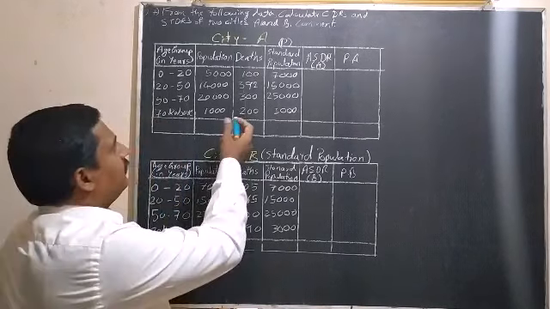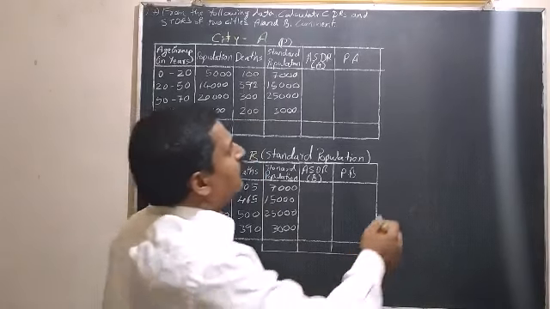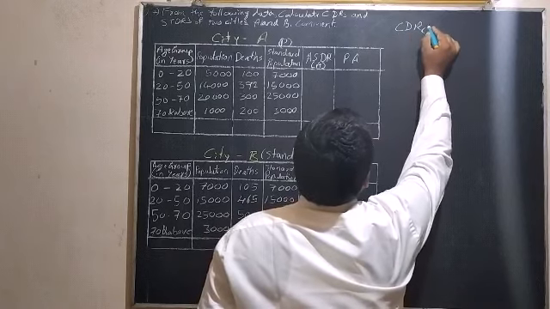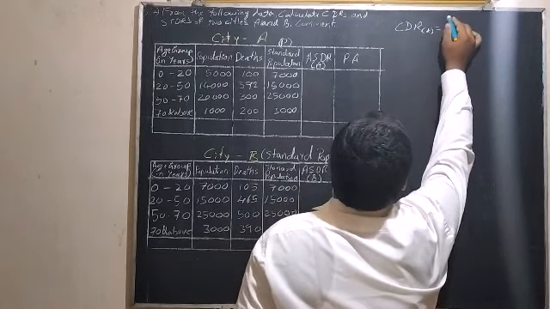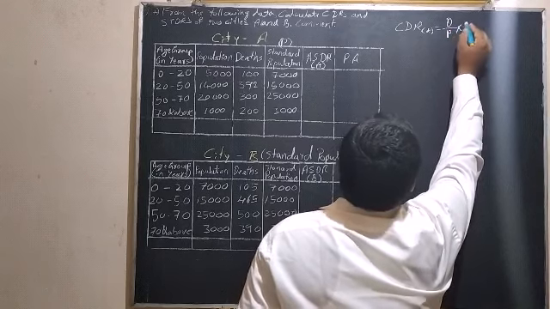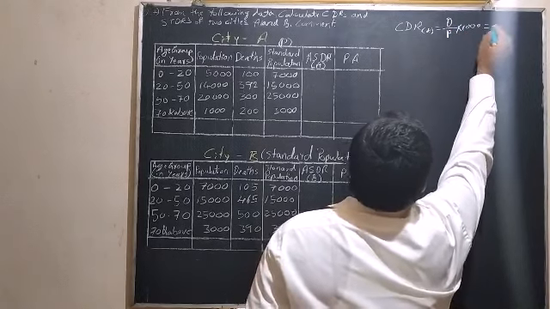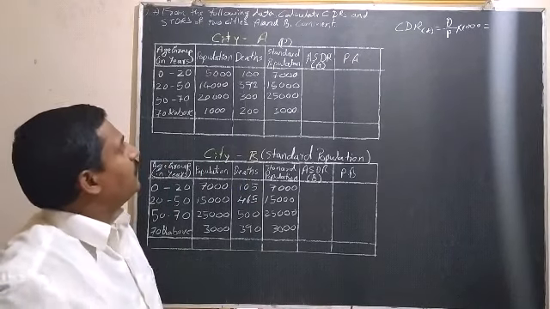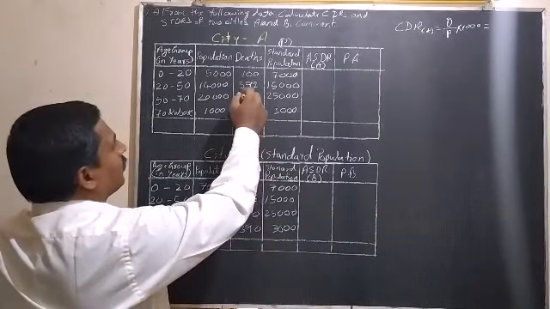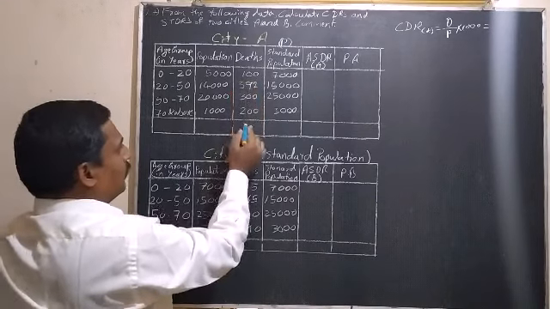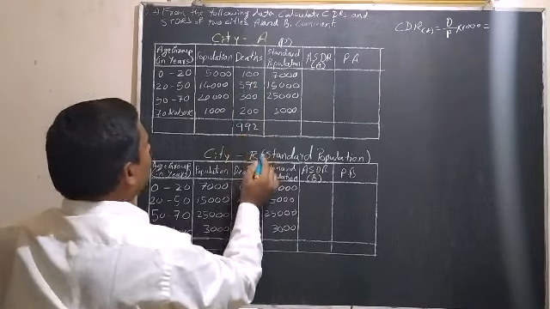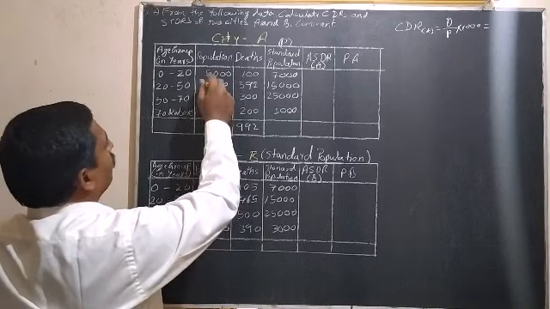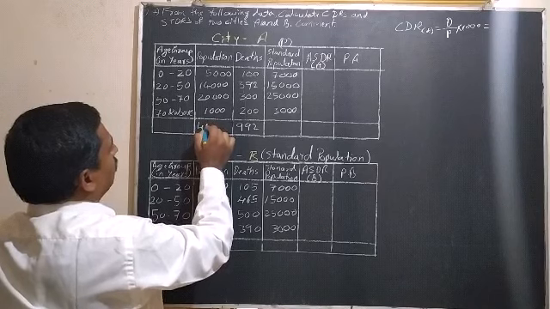Okay, so first we'll calculate for city A. First they asked CDR. So CDR for city A is equal to deaths divided by population into 1000. So what is the total death and what is the population? Deaths are 992 and here 40,000.